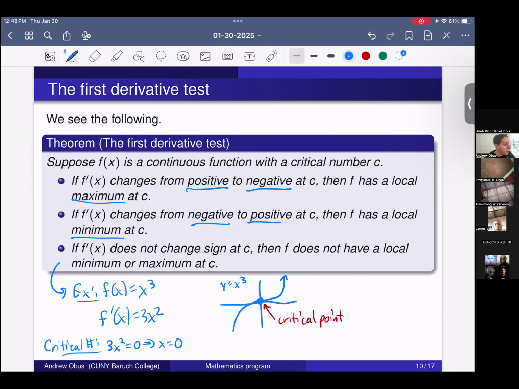It's not a local minimum or a local maximum, and that's because this derivative doesn't go from negative to positive at x equals 0, right? What happens at x equals 0? Well, f prime of x equals 3x squared just looks like this. This would be y equals 3x squared, and at 0, it just goes from positive to still positive, right? Positive, it brushes 0, and then it stays positive, okay? So this example is where f prime of x does not change sign at c. In this case here, our critical point is c equals 0.